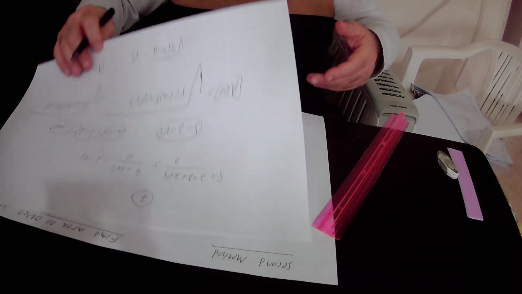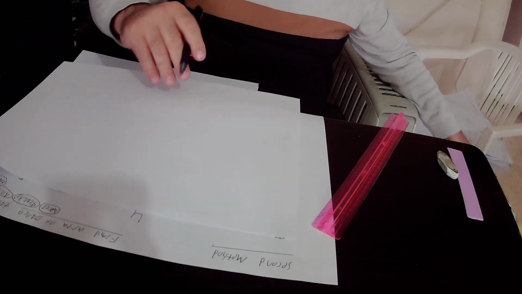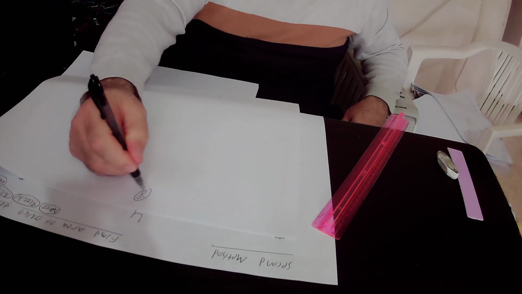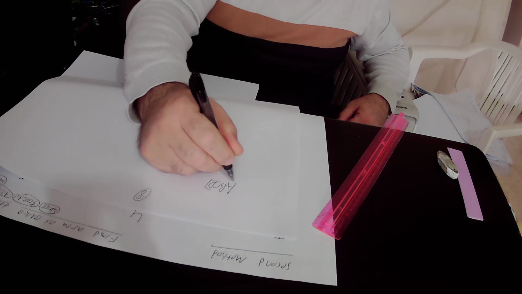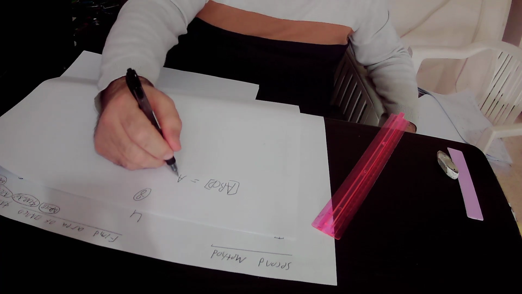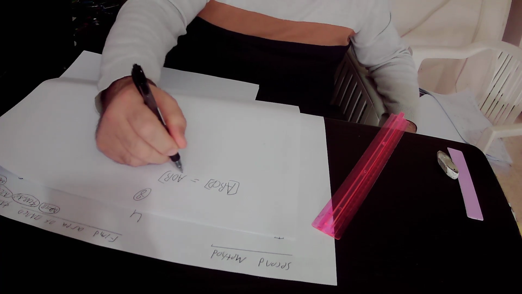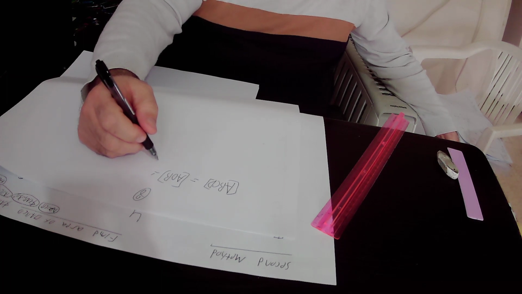and the area of quadrilateral ABCD is equal to the area of triangle ADB plus the area of triangle BCD.